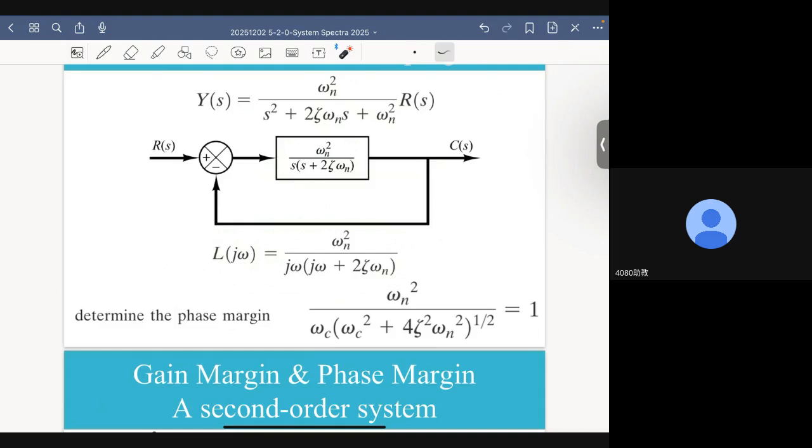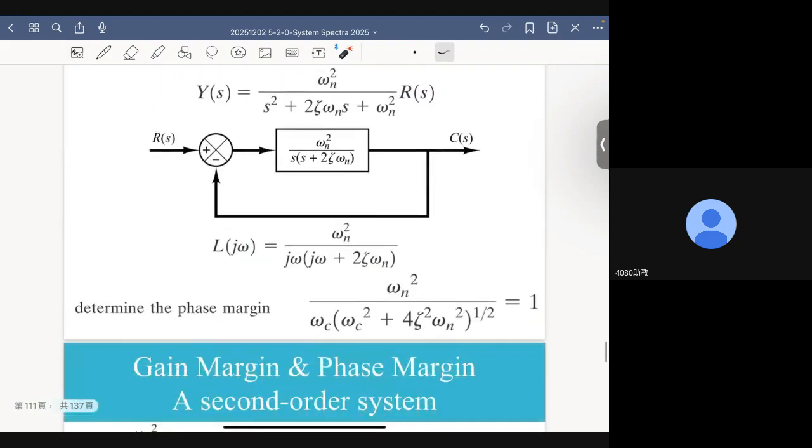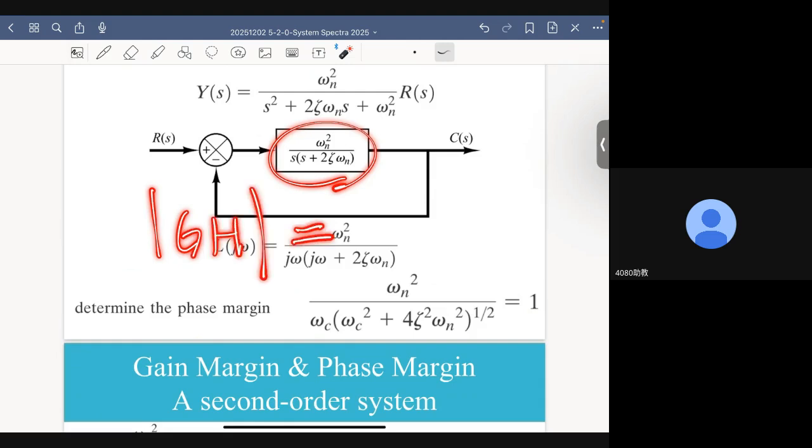And right now, because my goal is to determine phase margin, the first thing I need to do is to determine the gain crossover frequency. That is, if this is GH, I want to know the frequency where the magnitude of GH is 1, and therefore its dB value is 0.